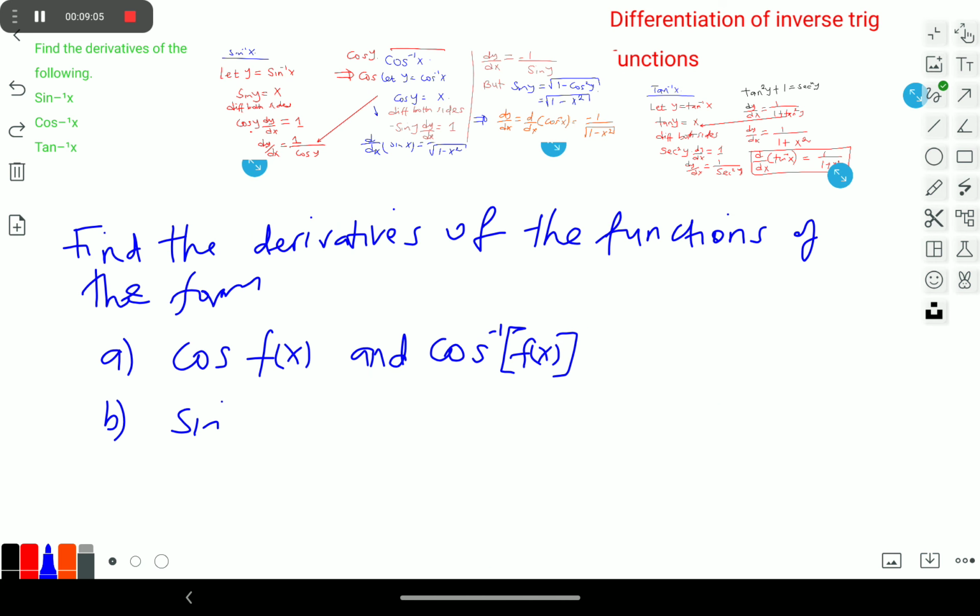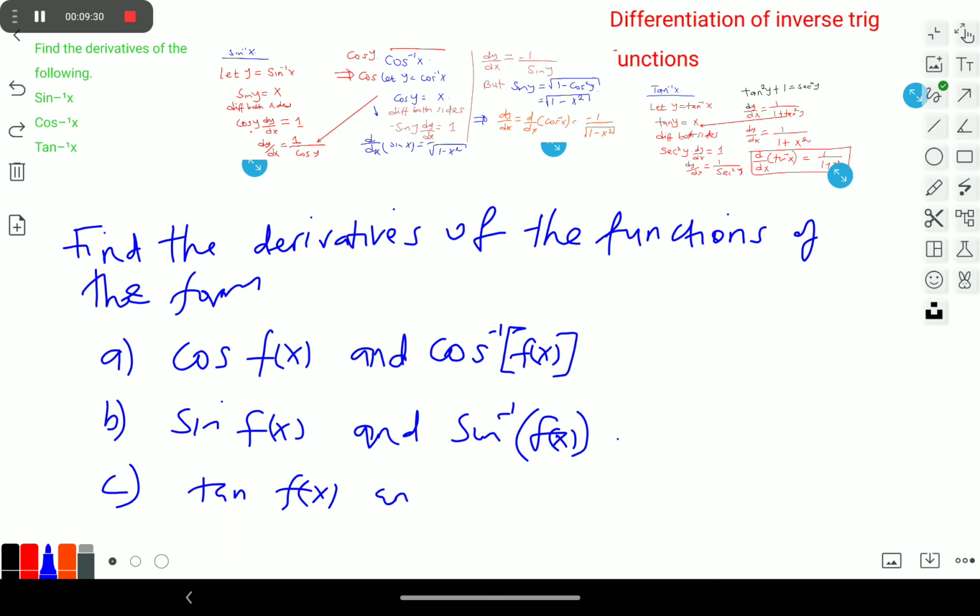In the next video we are going to look at how to solve questions of the form cos f(x) and cos inverse of f(x), sin f(x) and sin inverse of f(x), and then also tan f(x) and tan inverse of f(x).